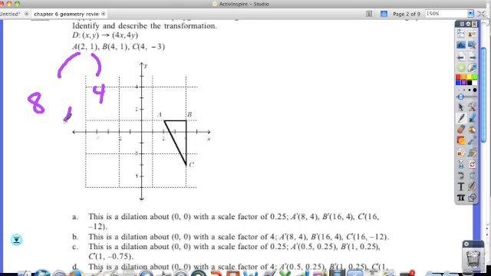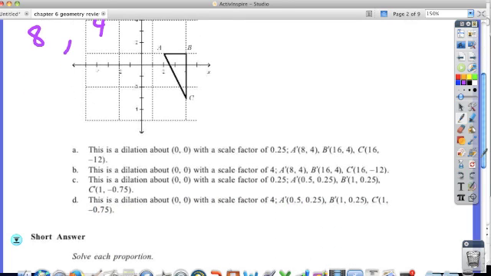So the new A, or A prime, is going to be 8, 4. That means it cannot be C, and it cannot be D. It is a scale factor of 4. So B is the correct answer.